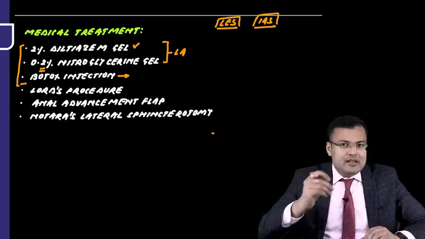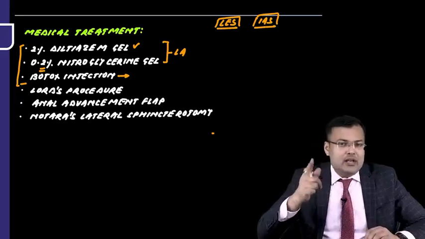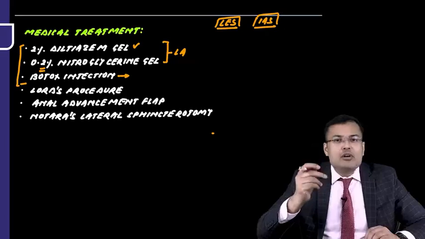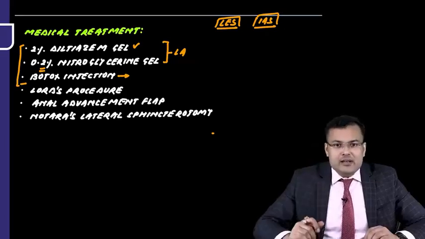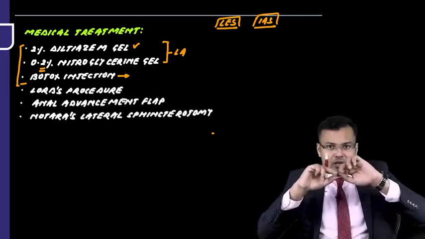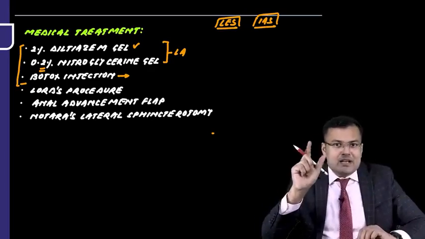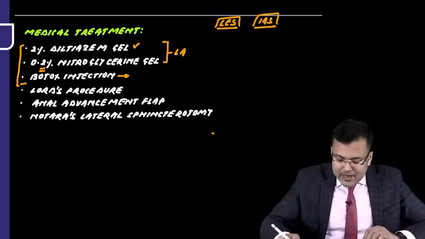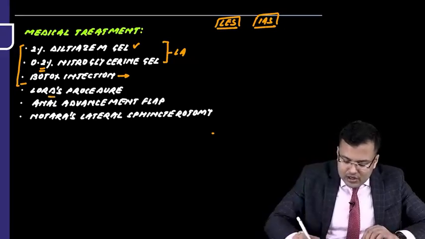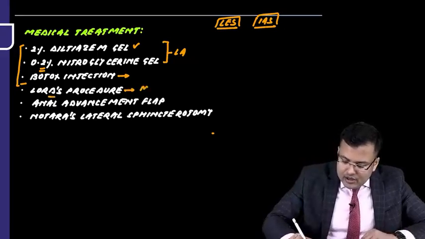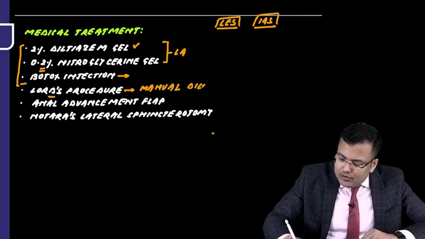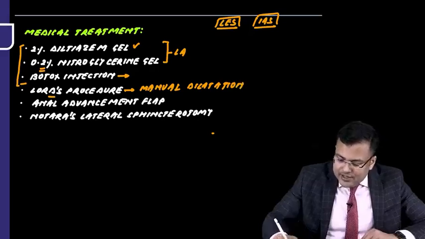There we were giving nitrates, here also it is applied locally. There also we were injecting Botox. Here also we are injecting Botox. There also we were doing the dilatation, bougie or balloon dilatation. And here we perform manual dilatation, that is known as Lord's procedure. Lord's procedure, that is manual dilatation, though it's obsolete now because of increased risk of complications.